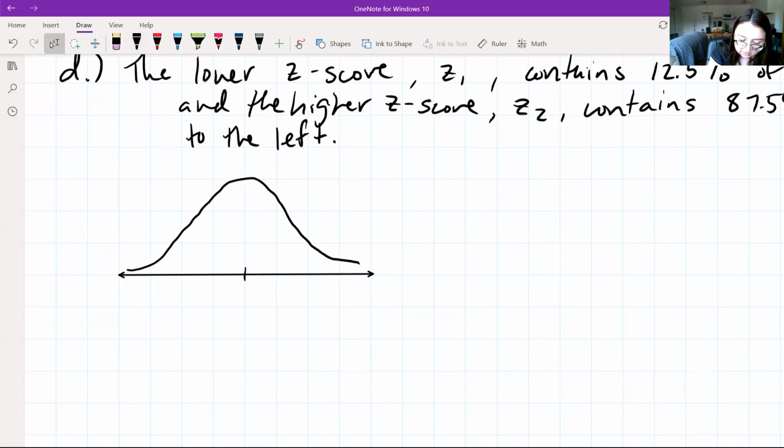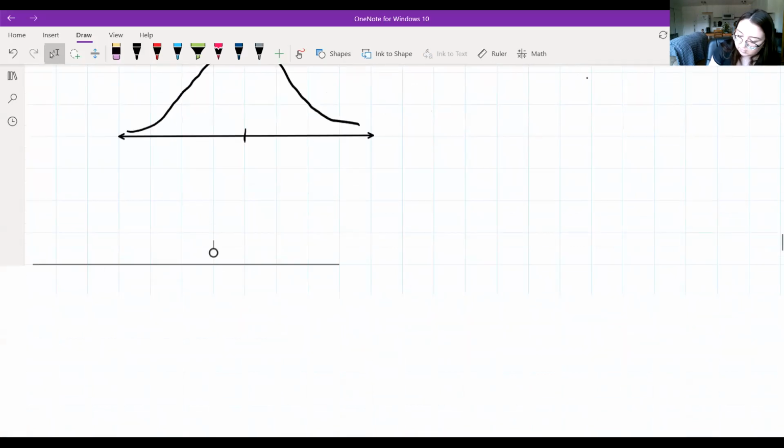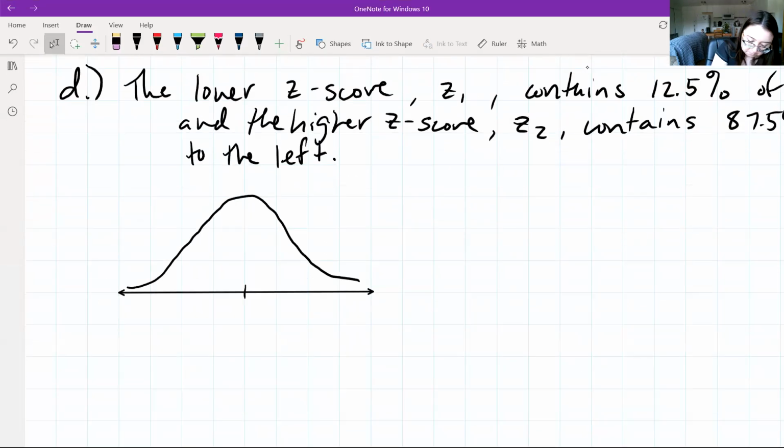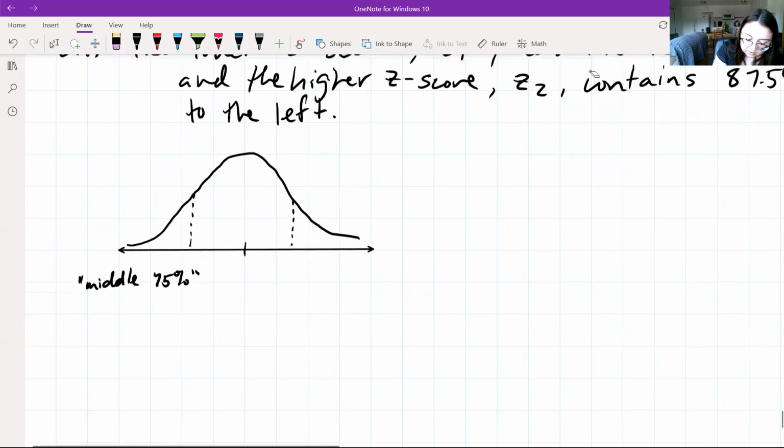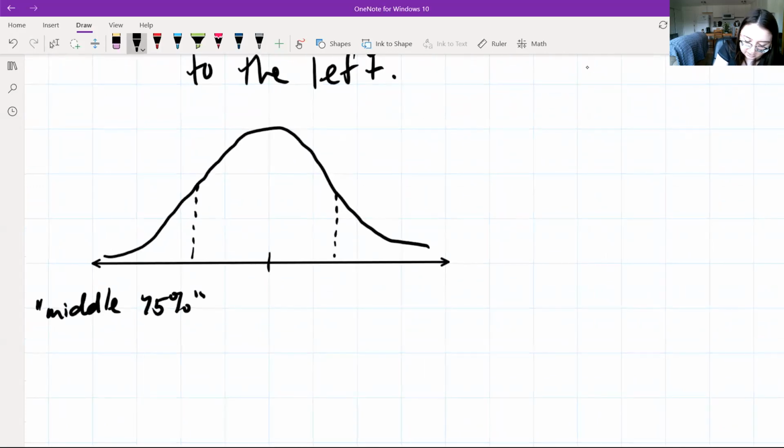And if we want the middle 75%, this means we say that this is 12.5% and this is going to be 87.5%.